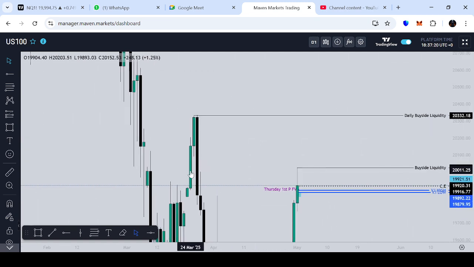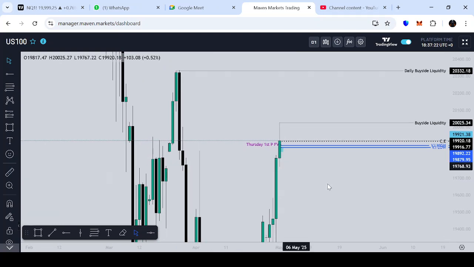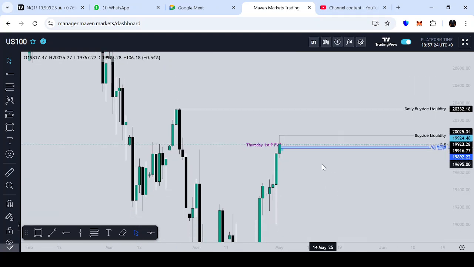We have an inefficiency here too. This high I have taken, I'd like to see price create a fair value gap here and break the consequent encroachment of this inefficiency. That's the 50% of this inefficiency in the daily time frame.